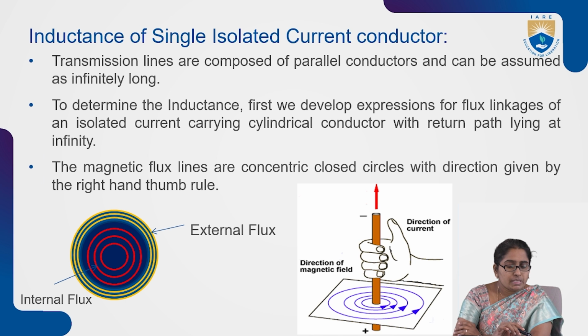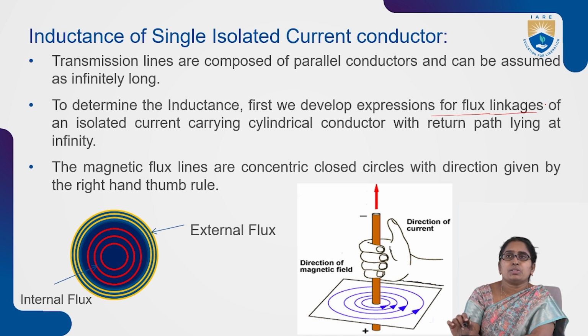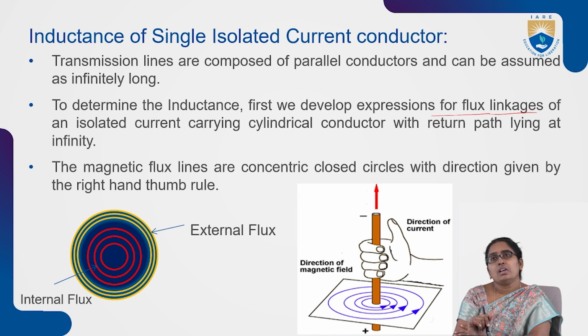Second point, to determine the inductance, first we develop expressions for flux linkages of an isolated current-carrying cylindrical conductor with the return path lying at infinity. So to get the expression of inductance, first we have to develop the expressions for flux linkages.